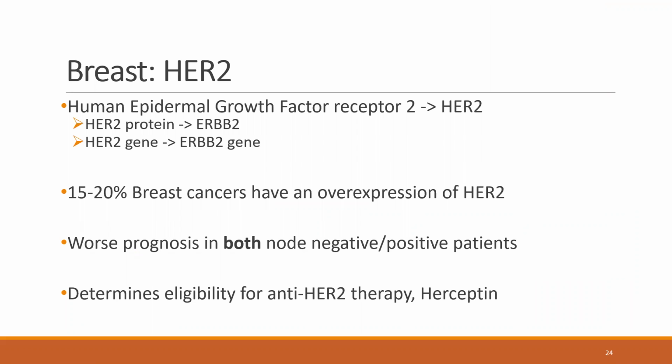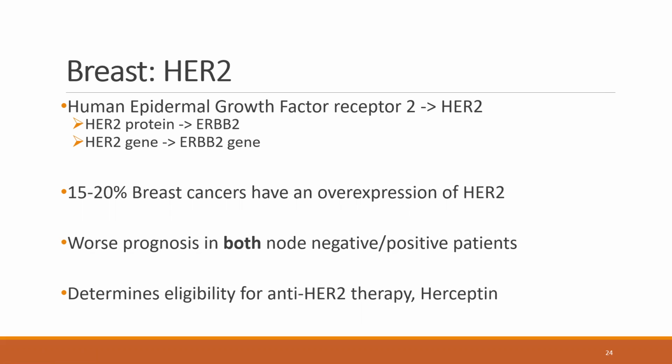So the breast HER2, this is human epidermal growth factor receptor 2. So this is down to the gene level of what they are looking at to see if this gene is overexpressed or not. 15 to 20% of breast cancers are HER2 positive. They have an overexpression of HER2.